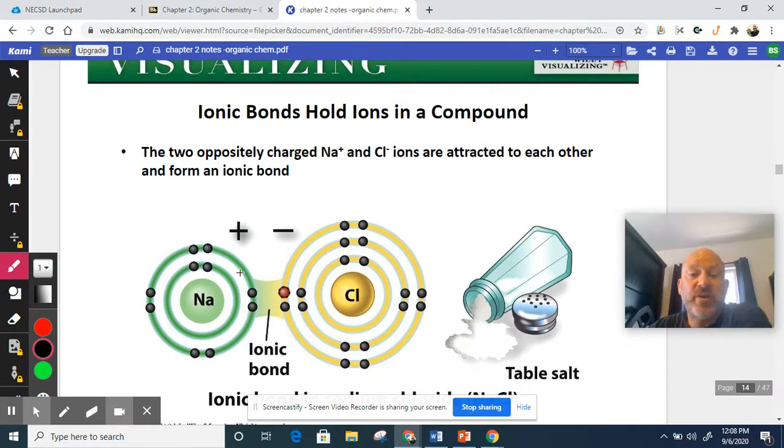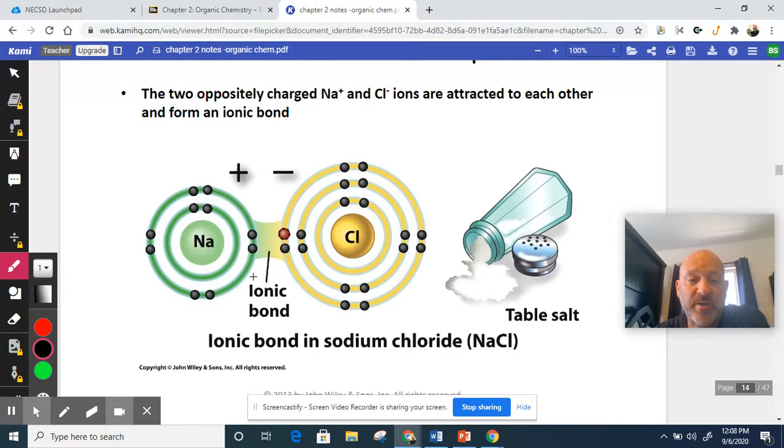The positively charged sodium ion and the negatively charged chloride ion are attracted to each other, and they create what's called an ionic bond due to this opposite attraction, creating a molecule of sodium chloride, which is salt. This is a very common type of bonding that results from gaining or losing electrons.